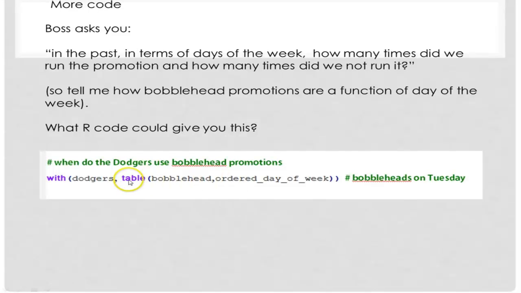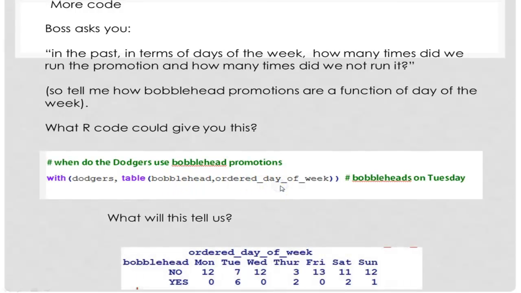So I thought a better name for this would be count, rather than table. Table's not very good. I think something to do with counts would be a better name for that function. But what will it tell us? It tells us this, and we saw that already.